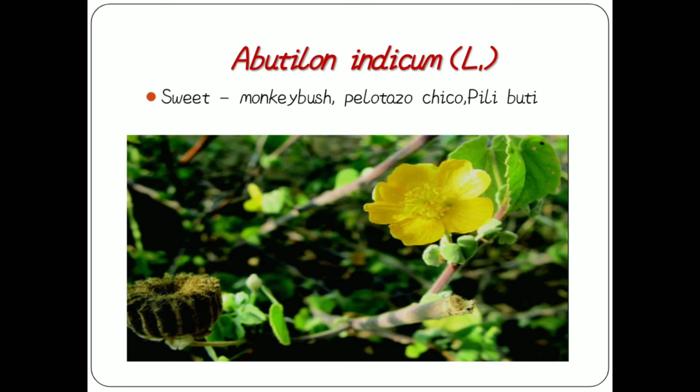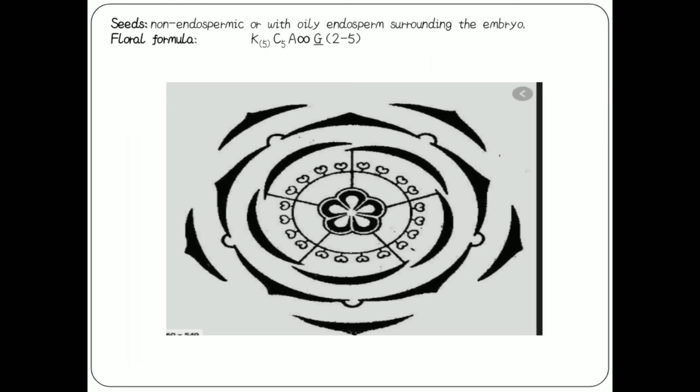Let's discuss the floral formula and floral diagram. Before discussing floral formula and diagram, let us discuss the seeds. Seeds of the hibiscus flowers are non-endospermic or with oily endosperm surrounding the embryo.